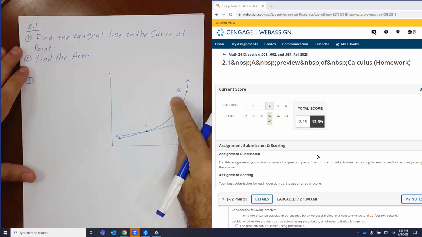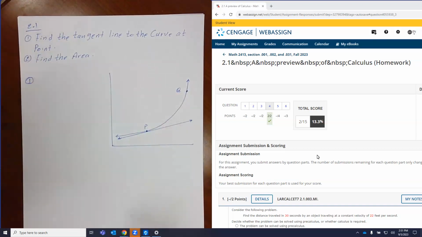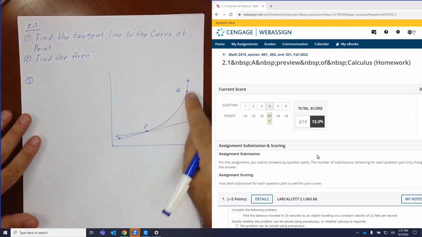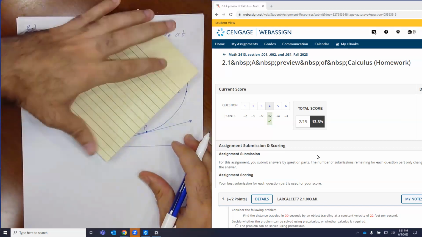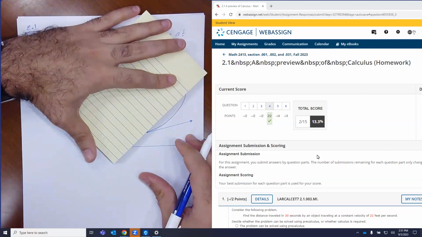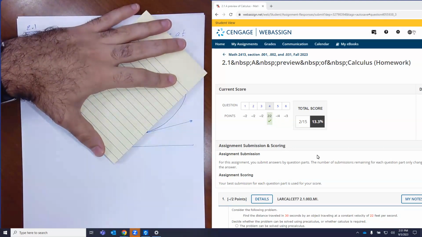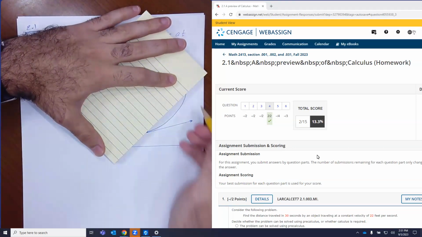Now we're going to get a new line, because to graph a new line, we need at least 2 points on the curve. So this line is called a secant line. So here's our new line on the curve. It's called a secant line.